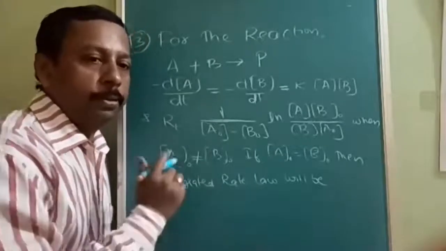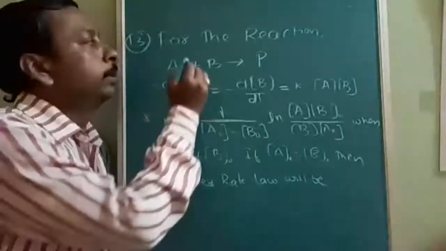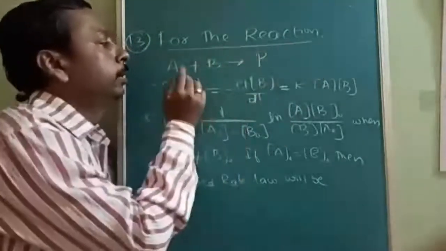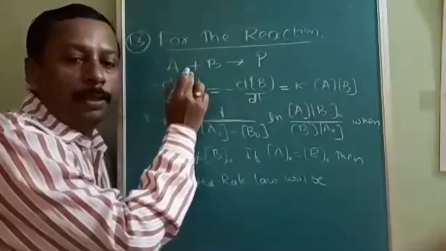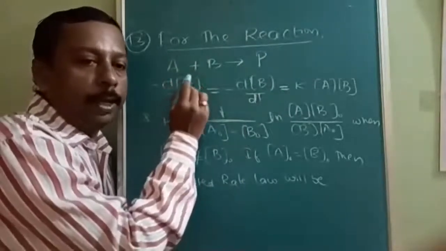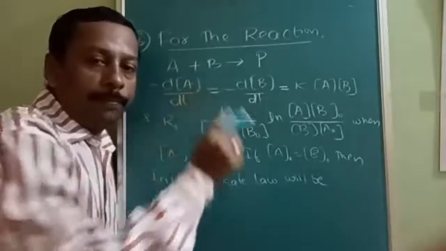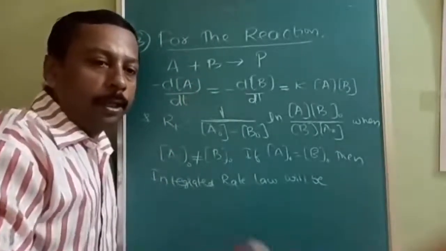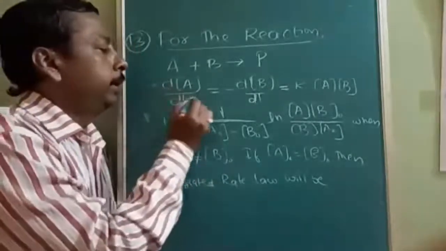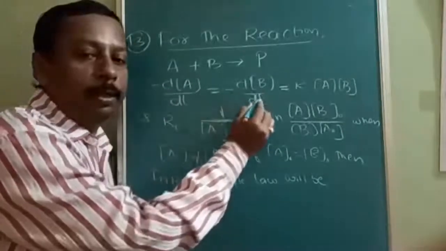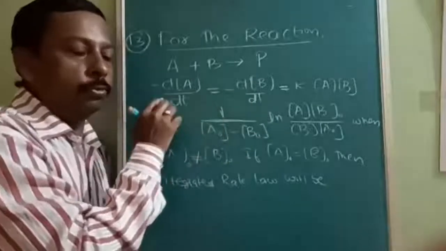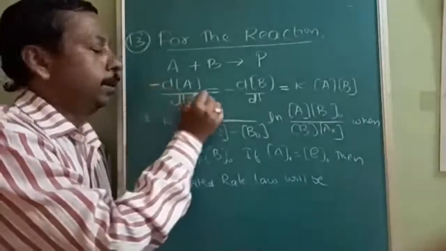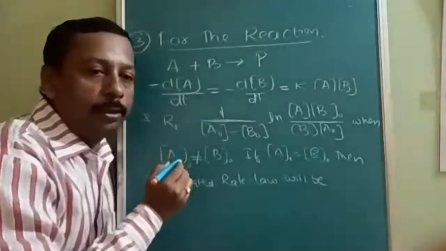Next question. It is the 13th question, for this reaction. This is the reaction and this is a simple elementary reaction. A plus B gives product. And minus dA by dt is equal to minus dB by dt. As it is the reactant, there has to be a minus sign. The minus sign shows the reactant.